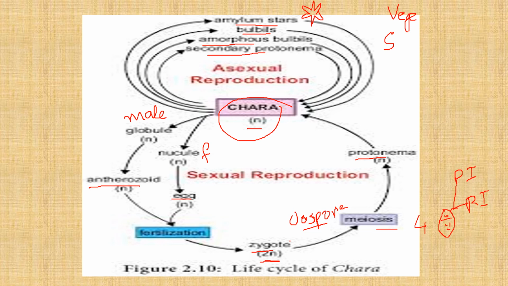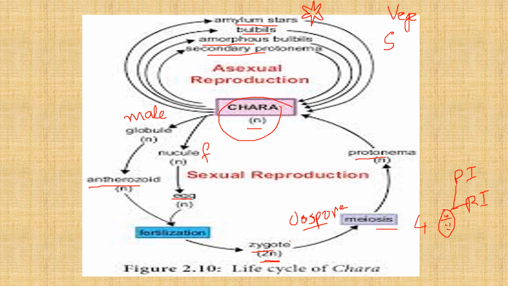So what we learn from this is that this life cycle is haplontic. It has vegetative reproduction and sexual reproduction, no asexual reproduction. The vegetative reproductive structures are amylum stars, bulbils, amorphous bulbils, and secondary protonema.